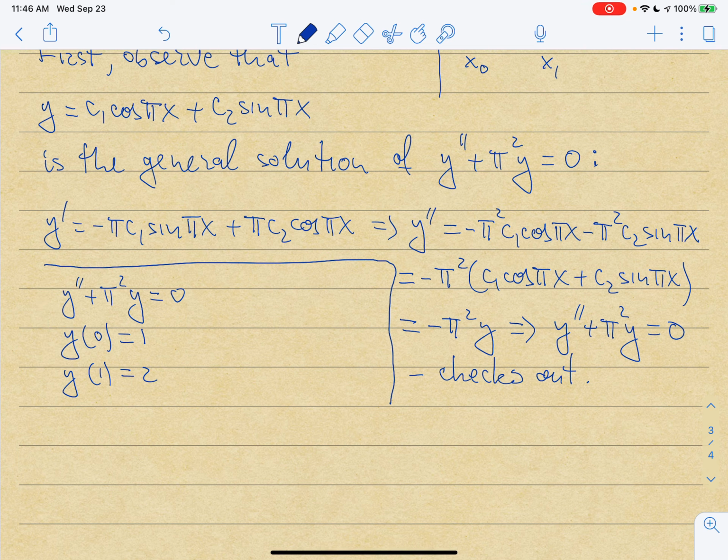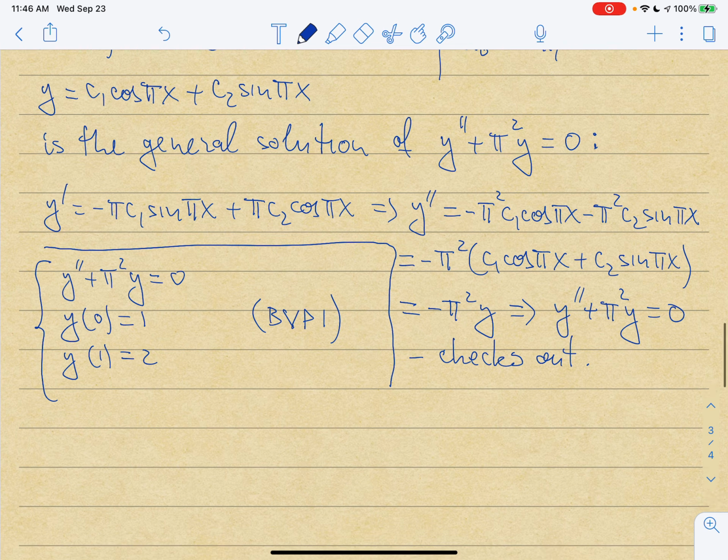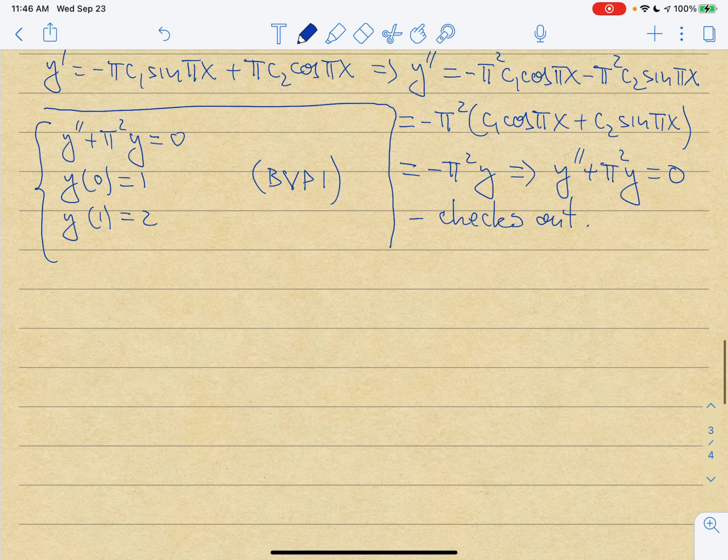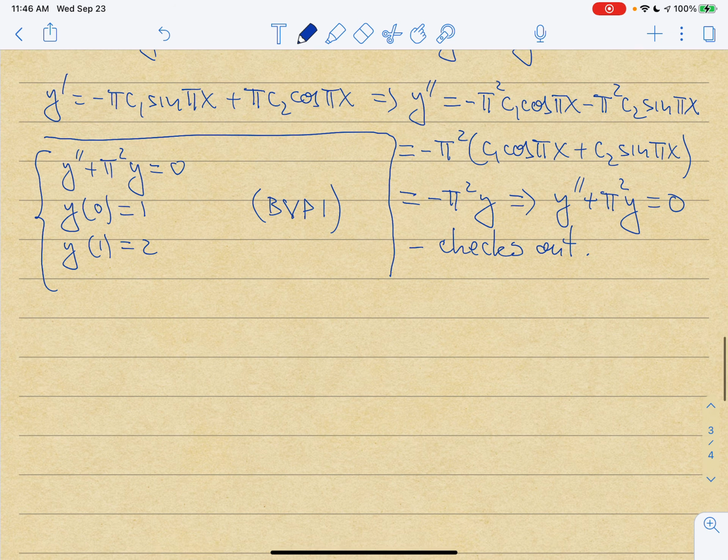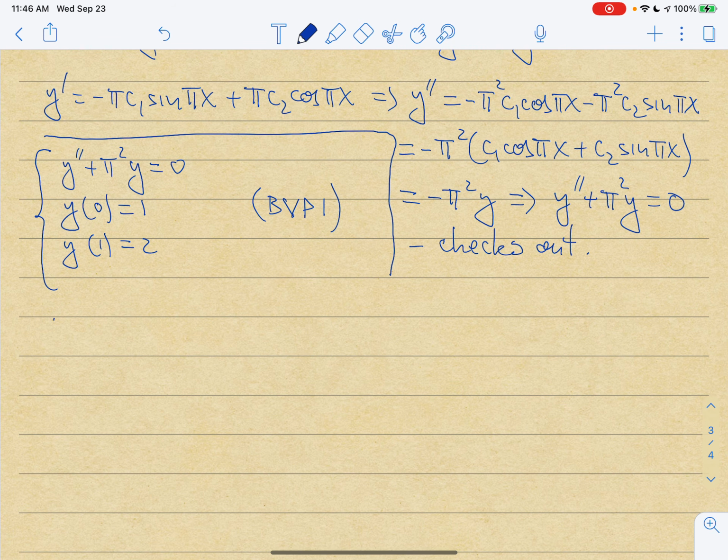How would I solve the boundary value problem like that? Let's call this BVP 1. Well, I already know that the solution is y equal to c1 cosine pi x plus c2 sine pi x.